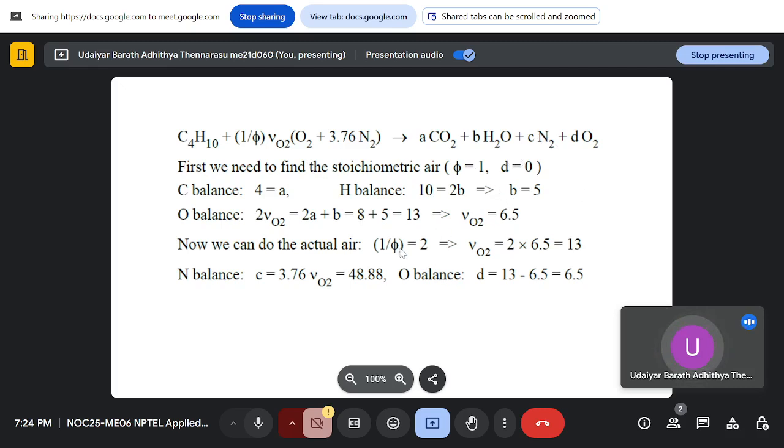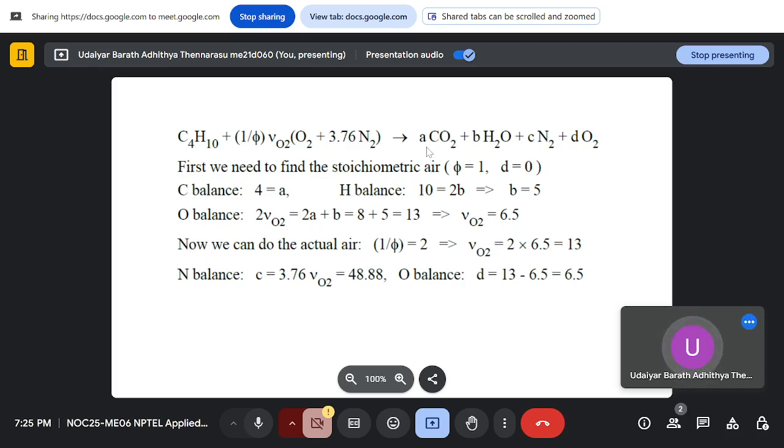Similarly, when we have 200% theoretical air, phi is 0.5, so 2 times the oxygen moles which are used, 2 into 6.5, which gives you 13.